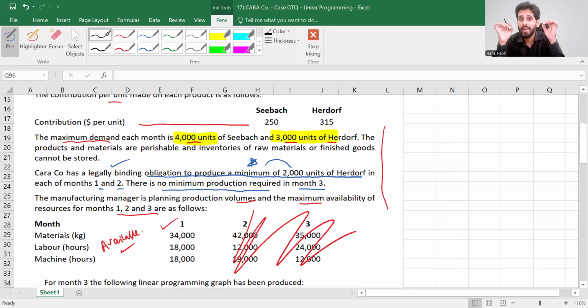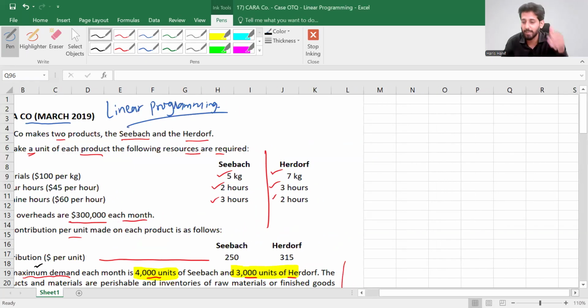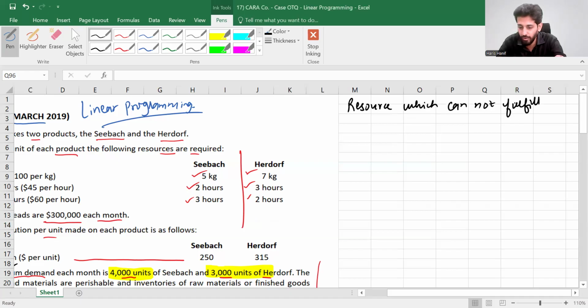Remember my words: whenever you are supposed to identify the limiting factor, you consider the maximum demand. Which resource is the limiting factor or the bottleneck resource? The one which cannot fulfill the maximum demand.